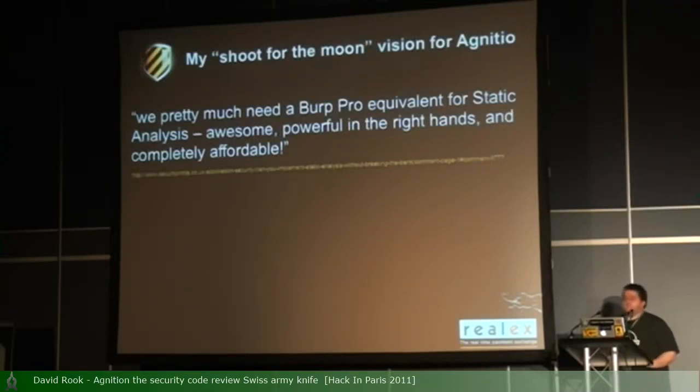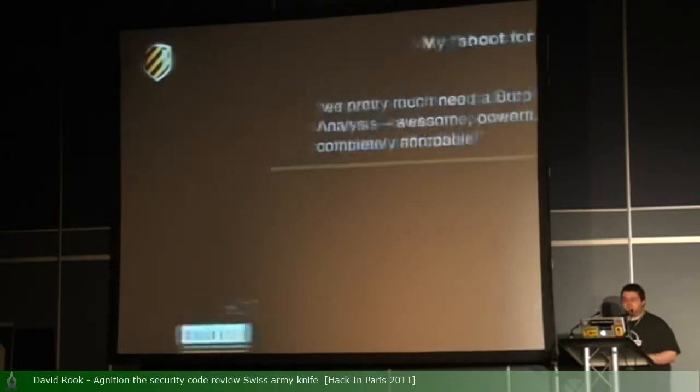I'm certainly not going to stand here and say Agnitio is going to be the Burp Suite of static analysis tools. But what I will say is I'll do everything I can to try and get close to delivering something like that. Because like I said, it is an open source project, but this is a tool that helps me do my job better when the tool gets better. So it's not going away anytime soon.